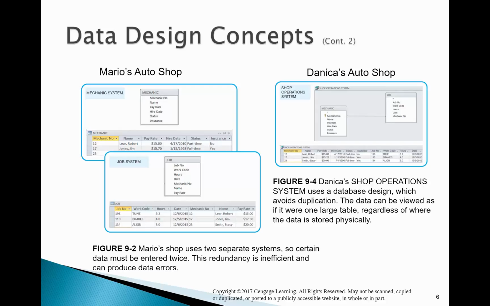Now, this is Microsoft Access, and Access is looking at the relationships up here. What does that mean? If you look on the right side, you'll see the mechanic and the job. Notice the line that connects the mechanic number on both the mechanic and the job.